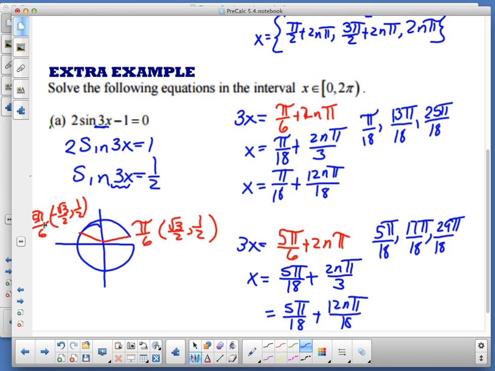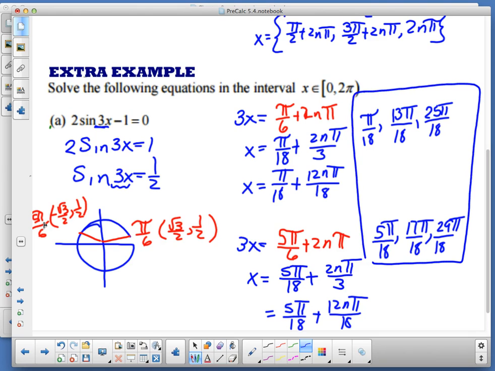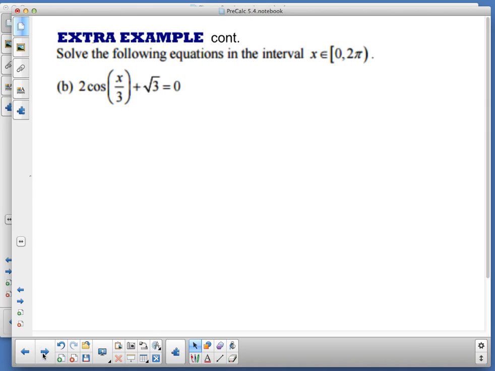So those are my solutions for this problem, using the shortcut, versus running through and writing out identities for this problem.